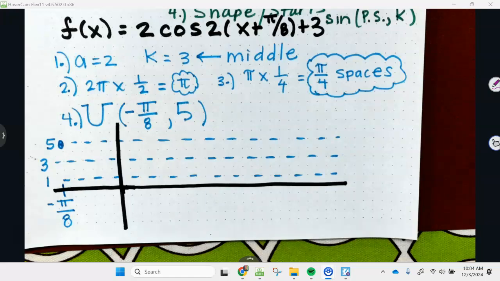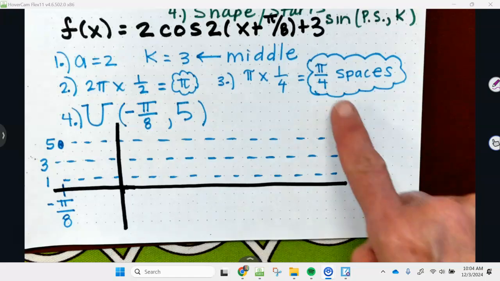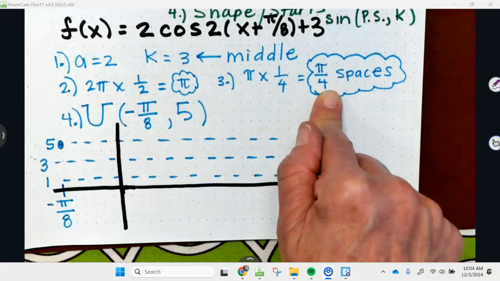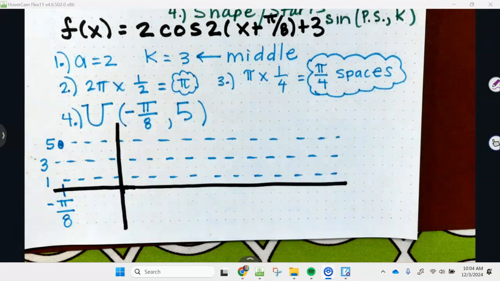And then we're going to have another tick mark. I know the tick mark is pi over 4 places away. So look, let me draw this up here. Here's negative pi over 8. Here's pi over 4 places away. I can't make an 8 into a 4, but I can make a 4 into an 8.